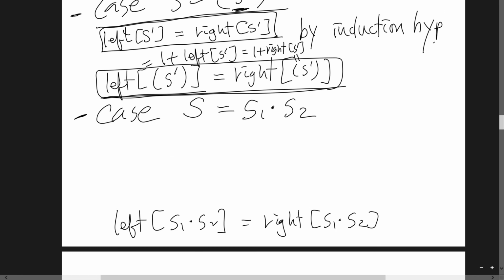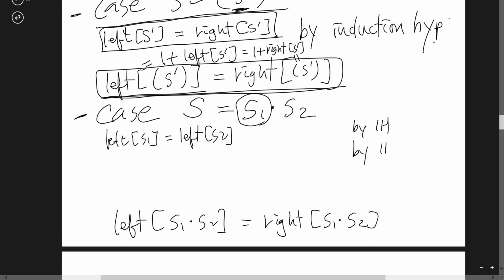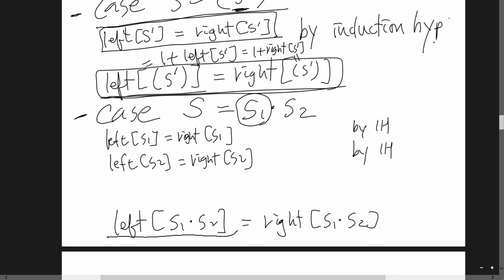The last case is also similar. You want to start with the induction hypotheses first. The first is that left S1 is equal to right S1, and there's another induction hypothesis, which is left S2 is equal to right S2. Now we need to show that left of S1 S2 is equal to right of S1 S2, and we want to exploit these two equalities.